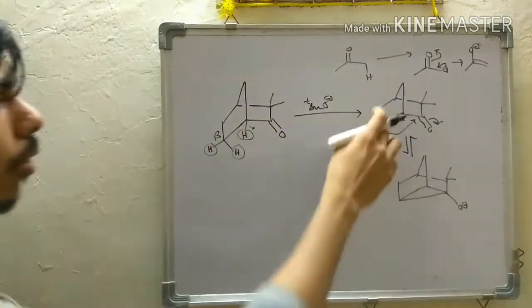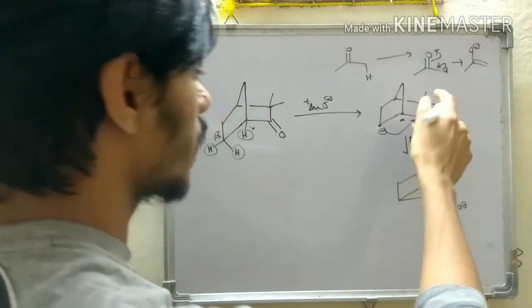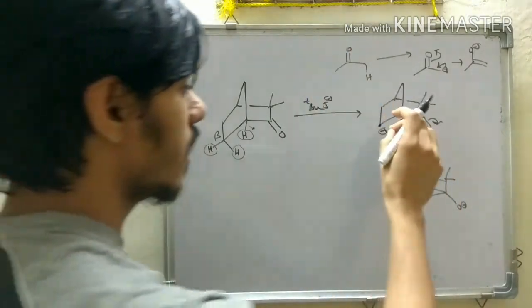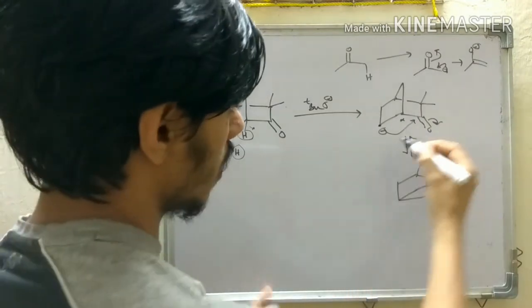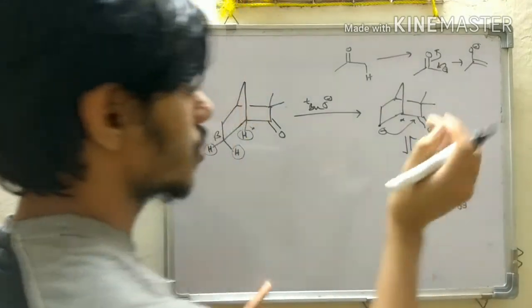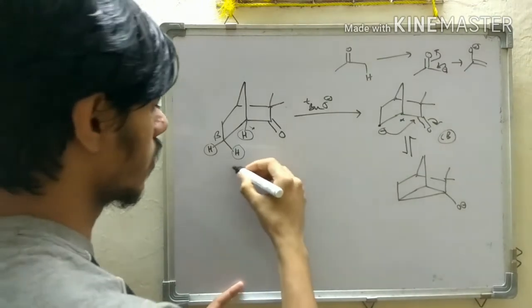As you can see, although this is far apart from the carbonyl group, still this negative charge can be stabilized by the carbonyl group, and that's why this conjugate base is stable.